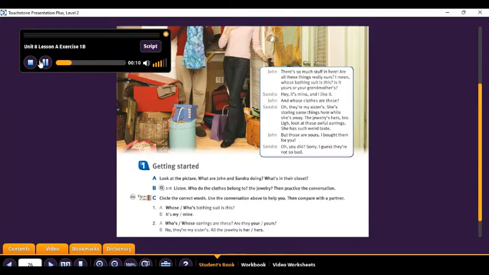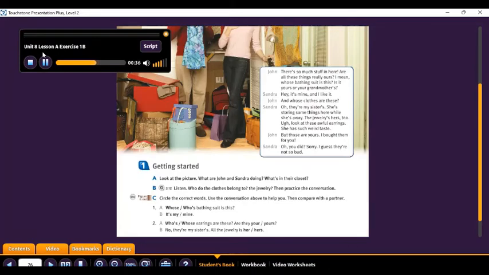Spring cleaning. Getting started. B. Listen. Who do the clothes belong to? The jewelry? Then practice the conversation. There's so much stuff in here. Are all these things really ours? I mean, whose bathing suit is this? Is it yours or your grandmother's?